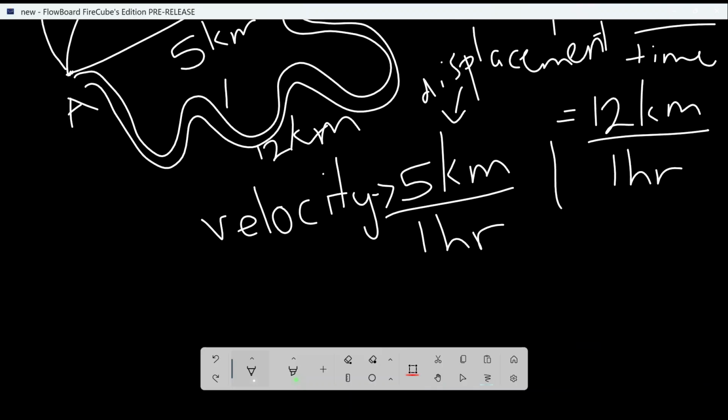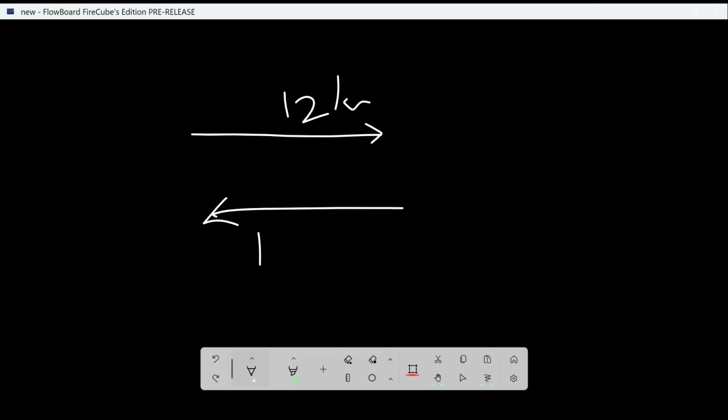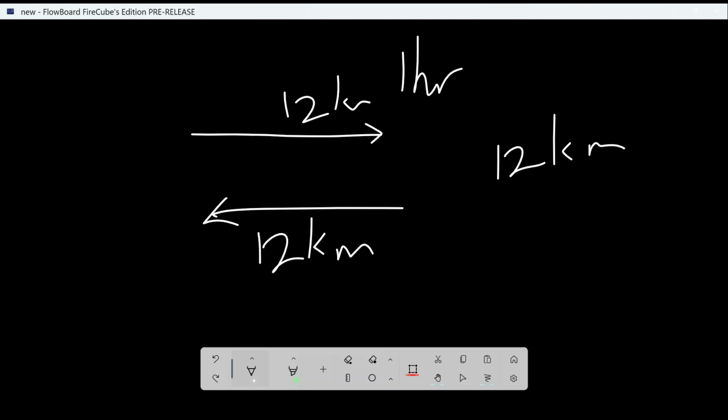And we've said before that for speed, it does not matter which direction you're moving in, it just matters how much distance you covered. So whether you move 12 kilometers in that direction, or 12 kilometers in this direction, if you do that in 1 hour, your speed is just 12 kilometers per hour.